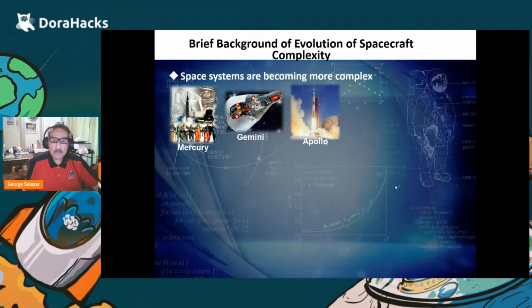The lunar module had almost the same number of switches for controlling it. So it was a gradual and somewhat explosive implementation of complexity of a spacecraft and the necessary controls needed for controlling such a complex spacecraft.